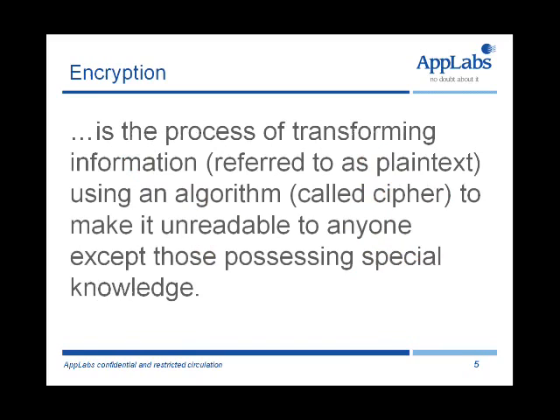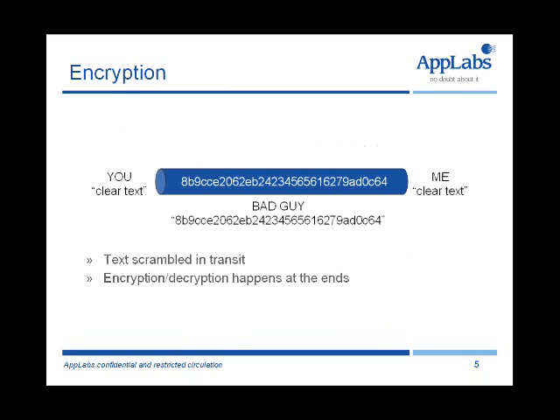Which leads us to our next concept of encryption. When we think of security on the Internet, we also think of encryption. This is the process of transforming information using an algorithm to make it unreadable to anyone except those possessing special knowledge.